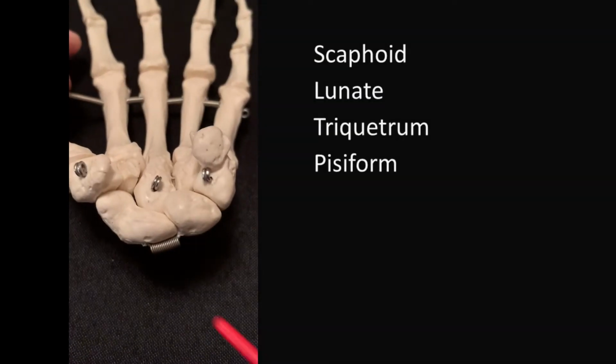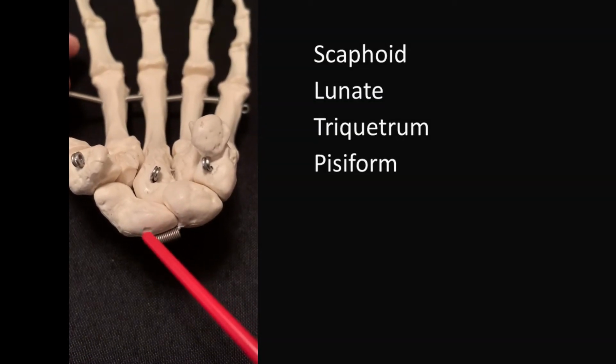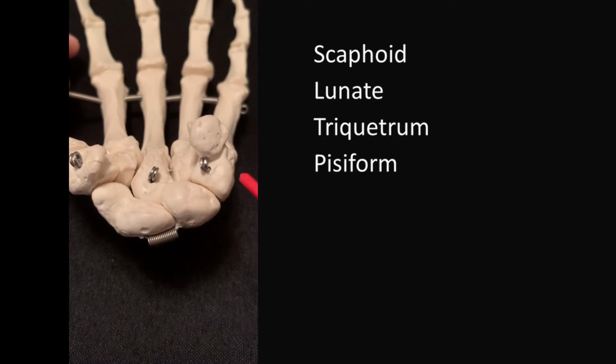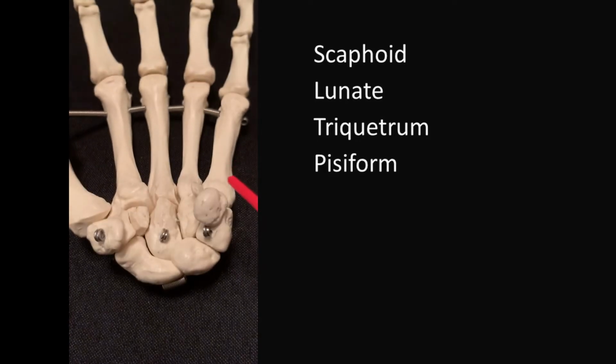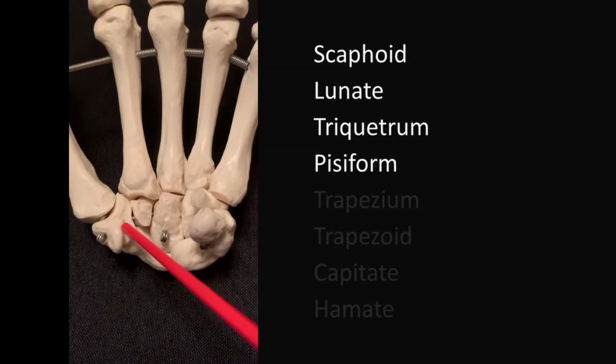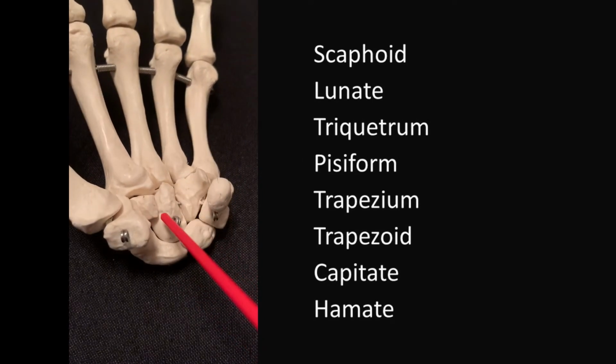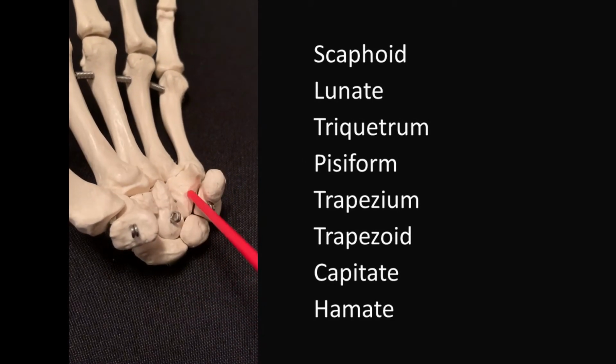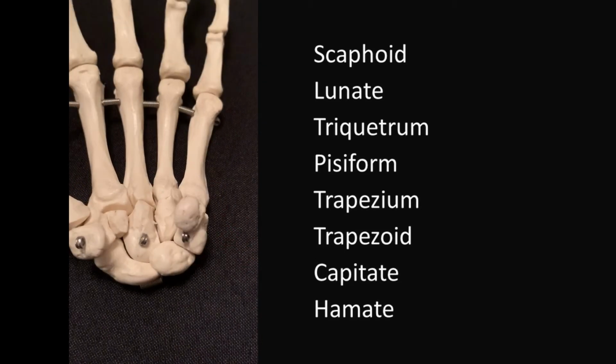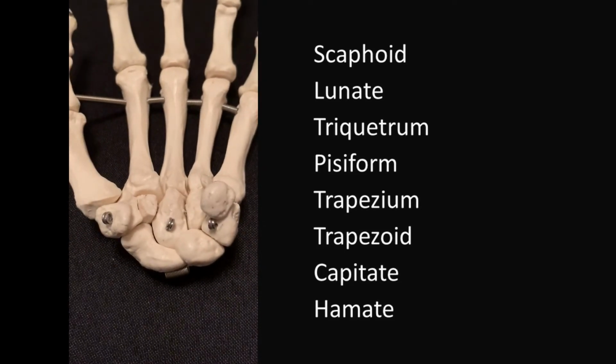These are, starting with that proximal row, the scaphoid, the lunate, the triquetrum, and the pisiform, which means P-shaped, so that might help you remember that one. And then our distal row, the trapezium, trapezoid, capitate, and hamate. So there are a few different tricks that you can use to remember these.